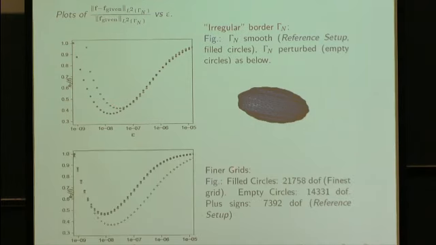Also, we have refined our grid, and what can be found is that a grid convergence maybe exists, but obviously when refining a grid we increase the number of degrees of freedom, and then since the information we have is the same, errors seem to grow a bit.